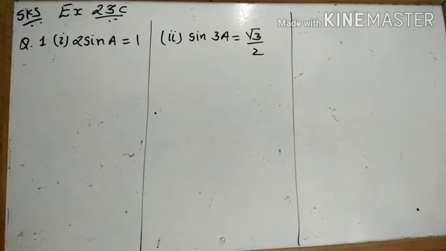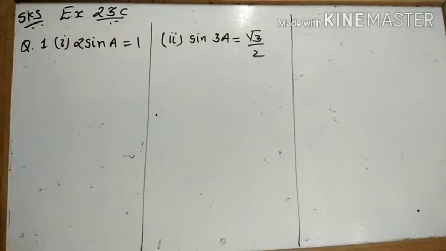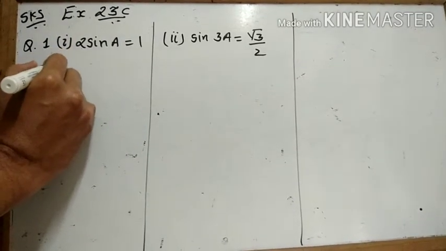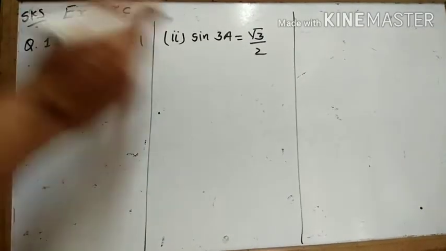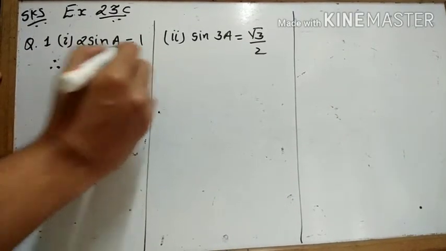It states that find the value of A in the following cases. Question first, sub-question first, they are given 2 sin A equal to 1. We are supposed to find out the value of A. So sin A, this 2 goes to the other side in the form of a division.